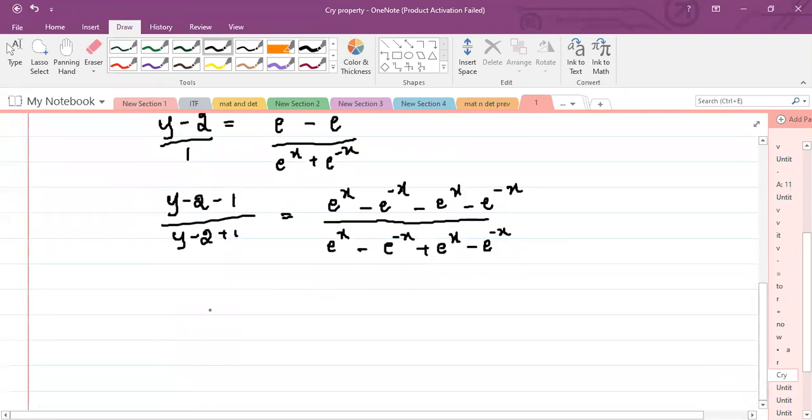So here it is y minus 3 divided by y minus 1.